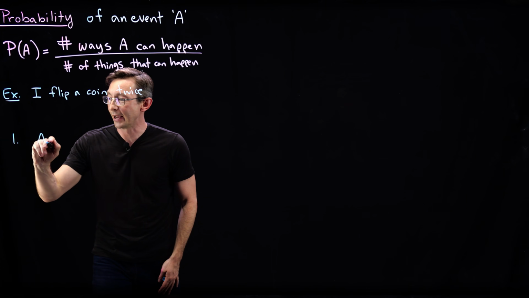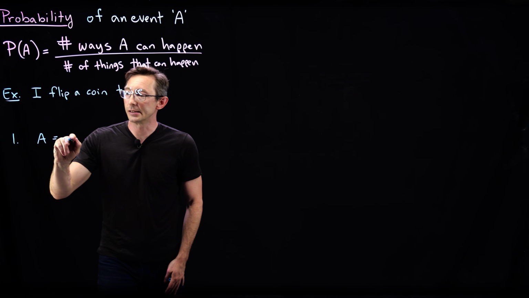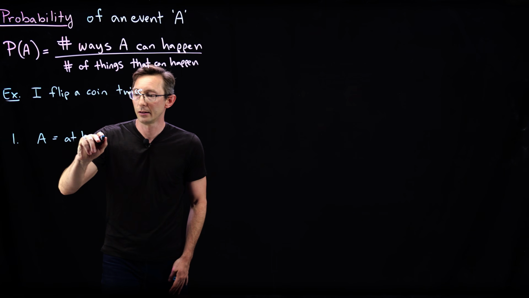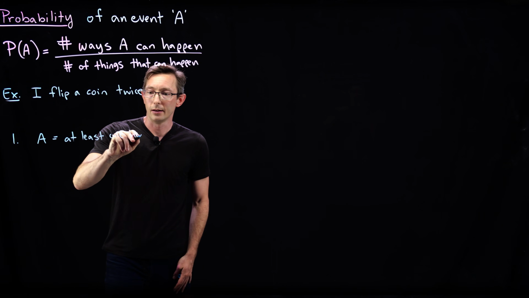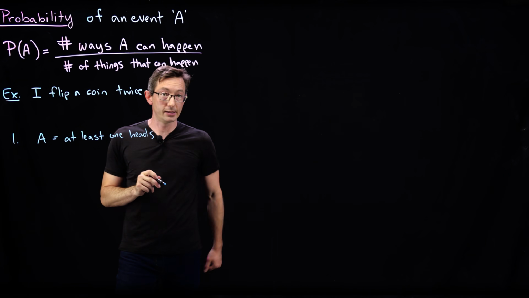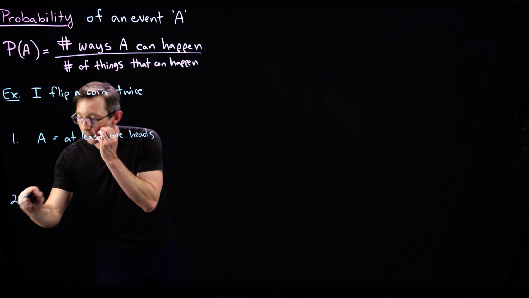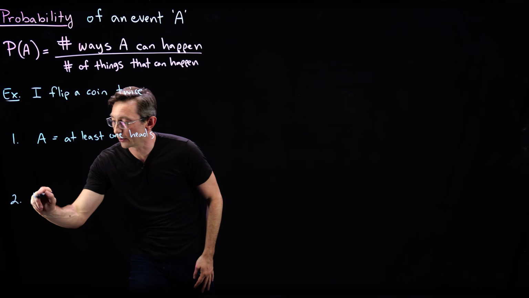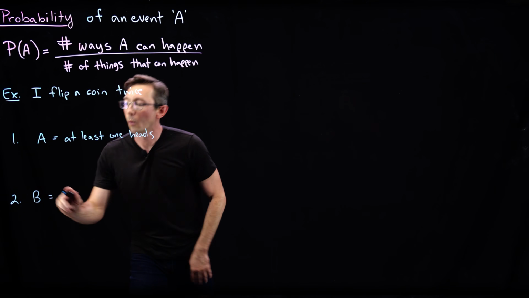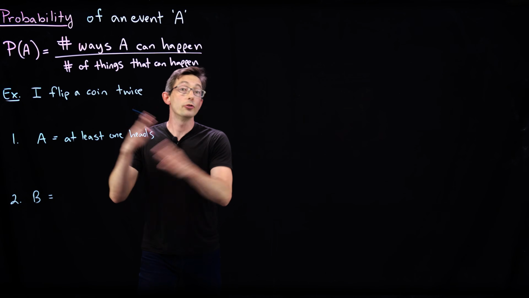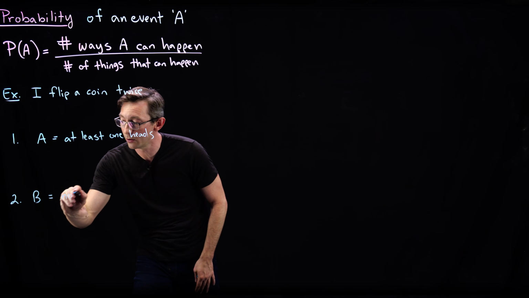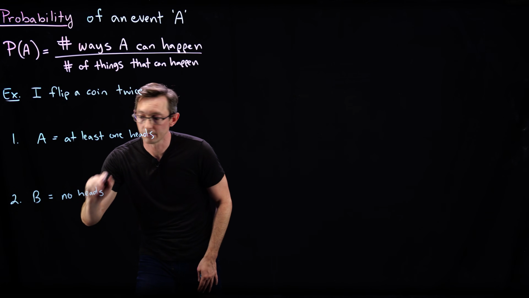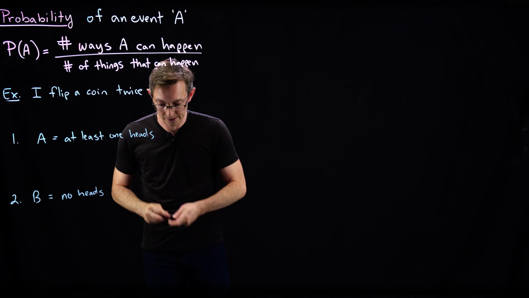So let's say that my event A is that at least 1 of these coin flips turns up heads. And 2, another event B could be, what's the probability that there are no heads at all, out of the 2 coin flips?